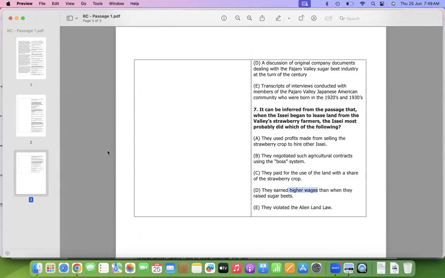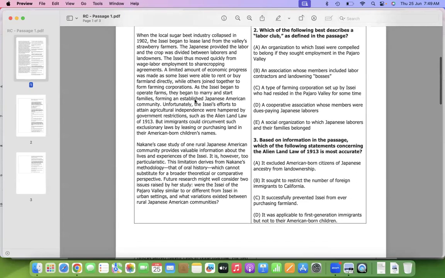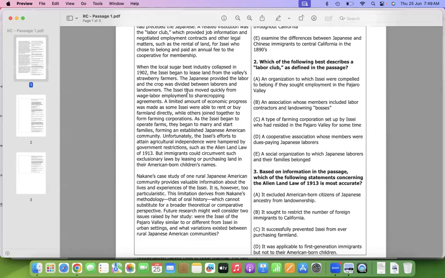I referred to the next line that you referred to. That's why I chose D. That's why the next line says exactly that. No, they moved away from wage labor to sharecropping. This is sharecropping. So how are they earning higher wages if they are leaving wage labor?